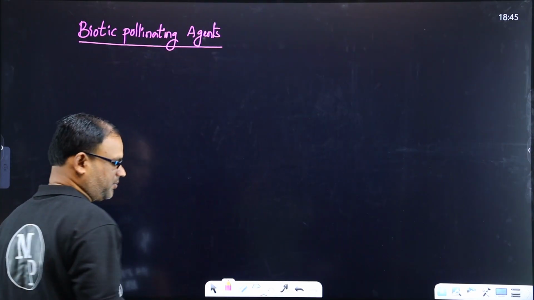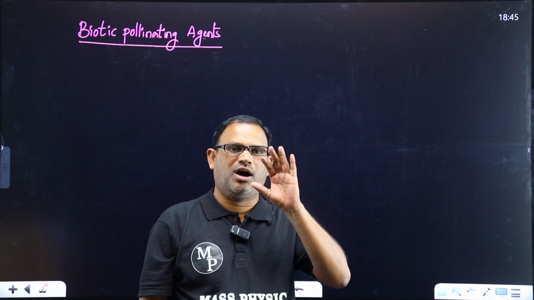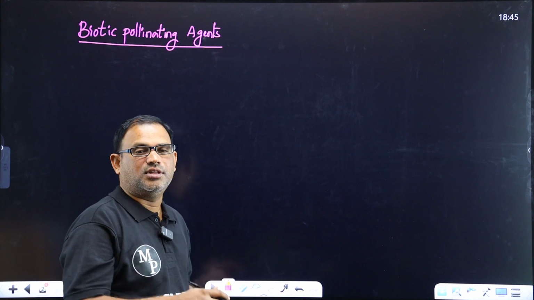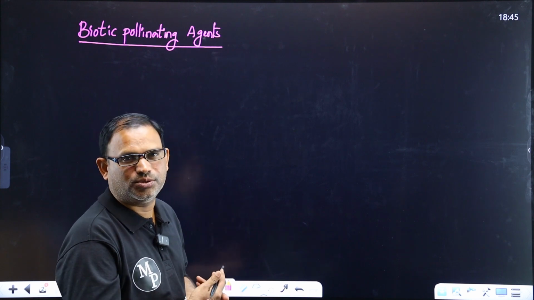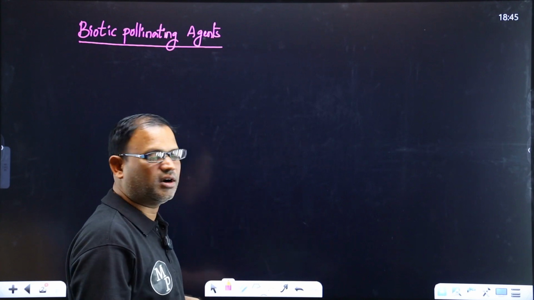You know that pollinating agents are two types. One is abiotic, second one is biotic. A small proportion of the plants use abiotic agents. Then the majority of the plants use biotic agents. That is only one, what?